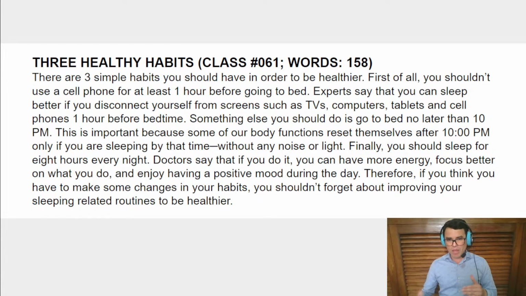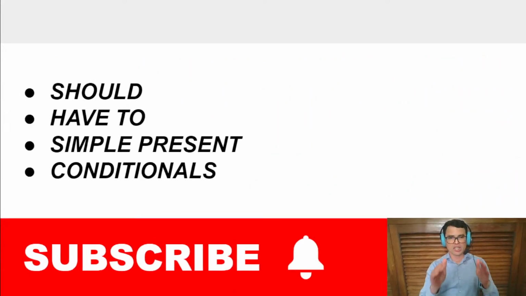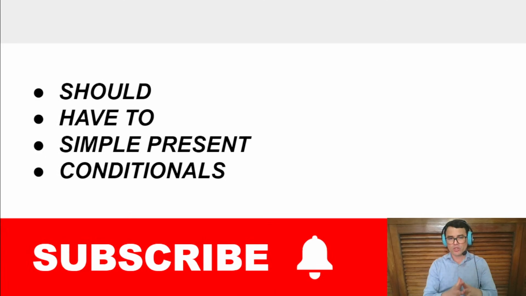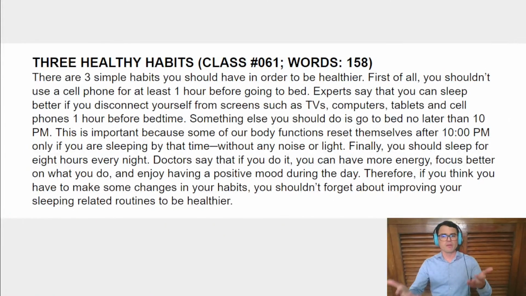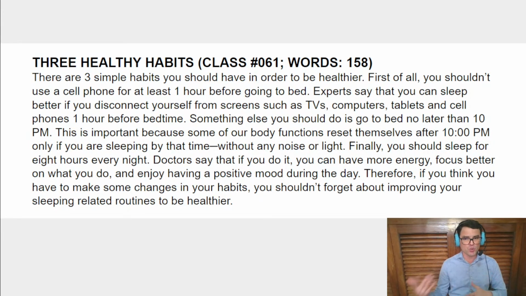I will be reading the paragraph, and while I'm doing the reading, please try to identify the target language. Which is the target language? Examples of should, examples of have to, the simple present, and conditionals. And if you can find something else that can help you when writing a paragraph in the future, identify that target language and use it.